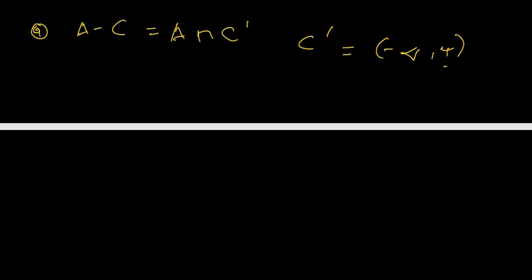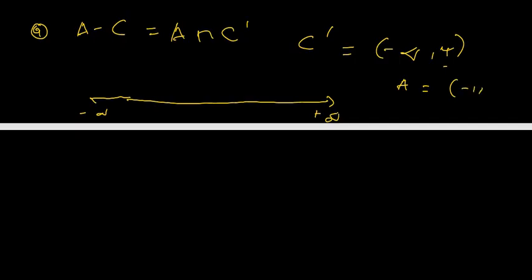So how do we illustrate this on the number line? We write our line there, from negative infinity to positive infinity. Then from there we know that A only has -1, which is not included, up to 6, which is included.